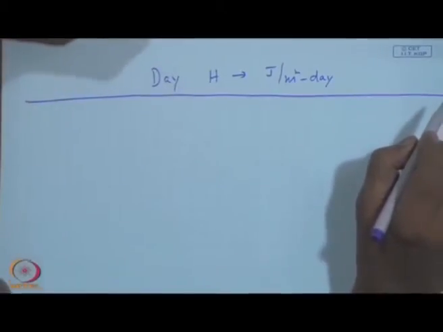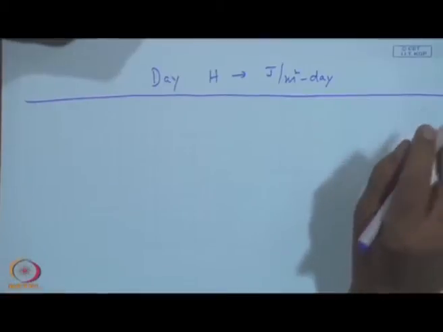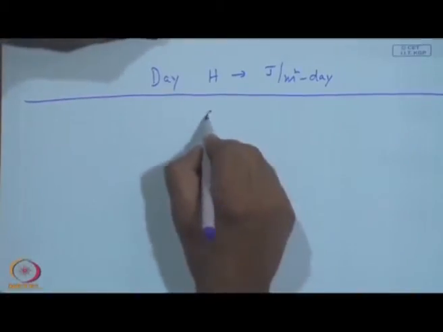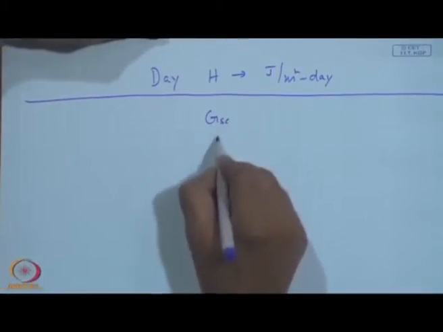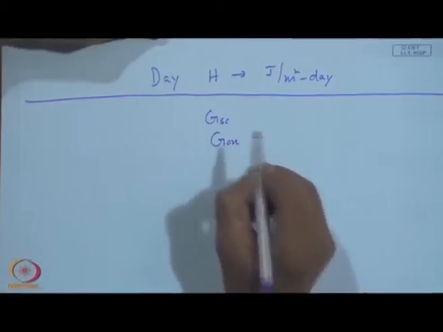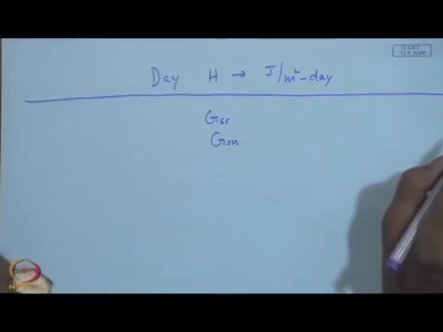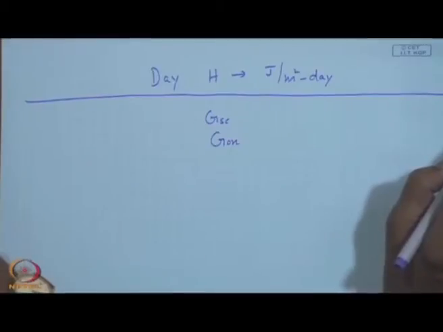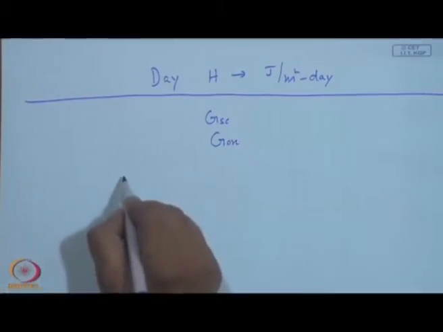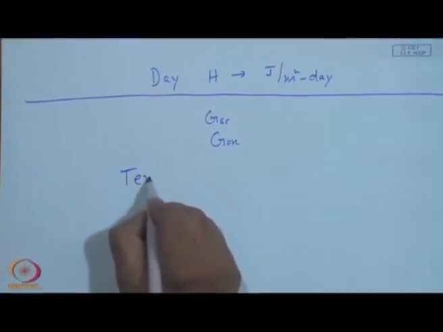Now, we have considered the extraterrestrial radiation by first defining the solar constant and then on a normal surface, which takes into account the distance variation between the sun and the earth. Now, we try to come down to earth and call it terrestrial radiation.